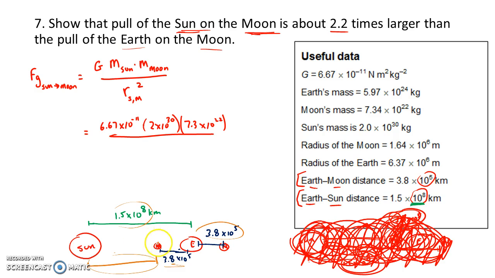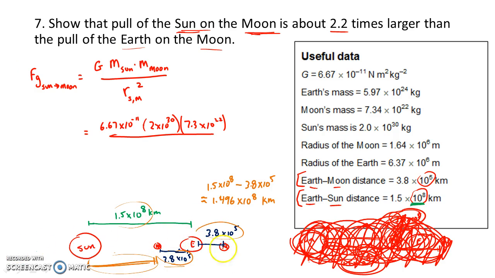So hopefully you can see that the distance from the sun to the moon is going to be 1.5 times 10 to the power of 8, either minus 3.8 times 10 to the power of 5. Put that in the calculator, and this rounds to, well, approximately it's almost the same. It's 1.496 times 10 to the power of 8.